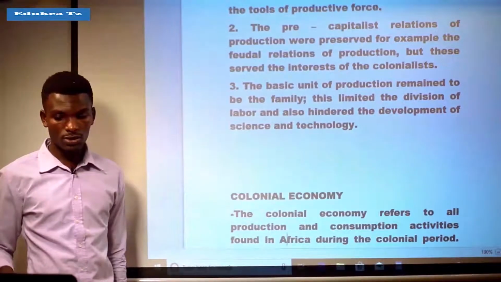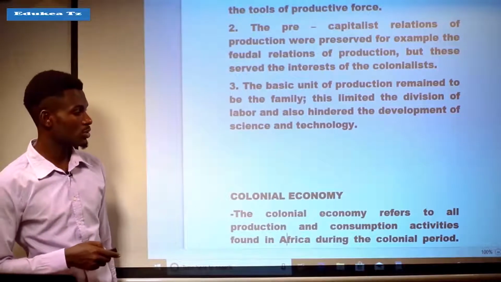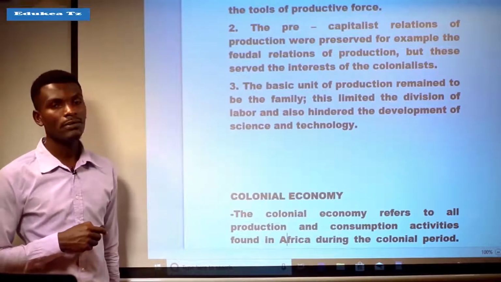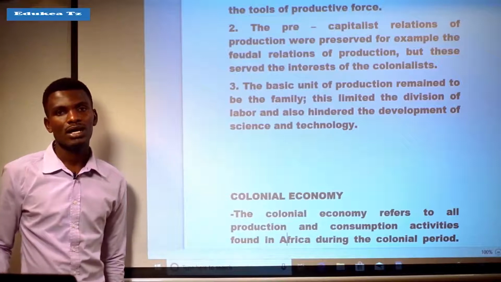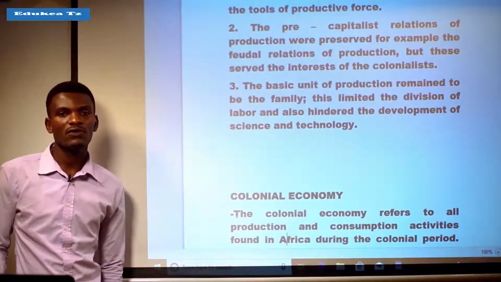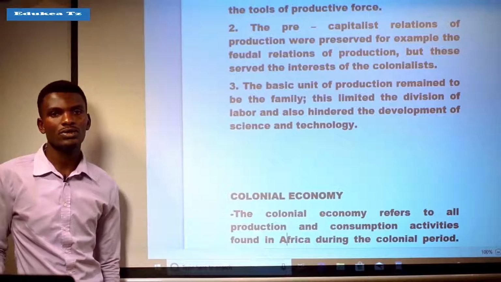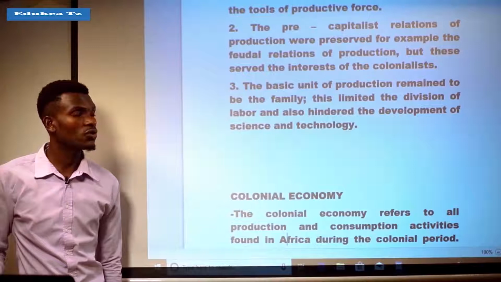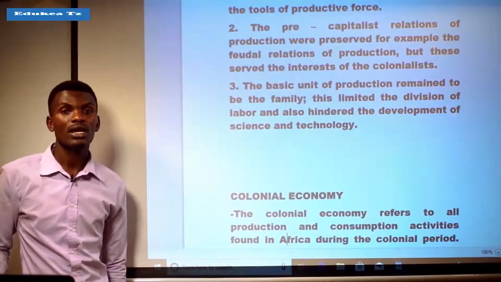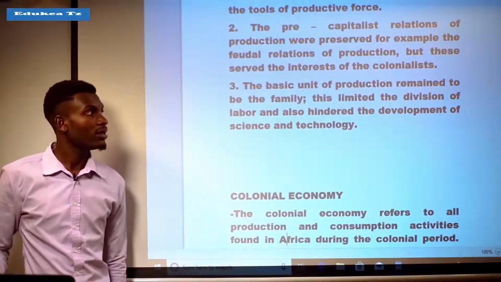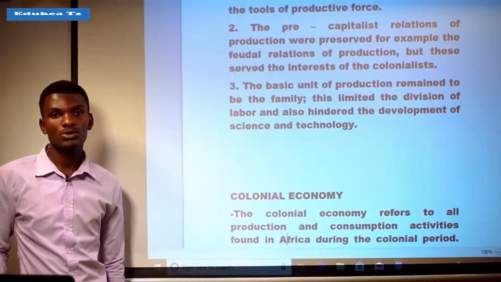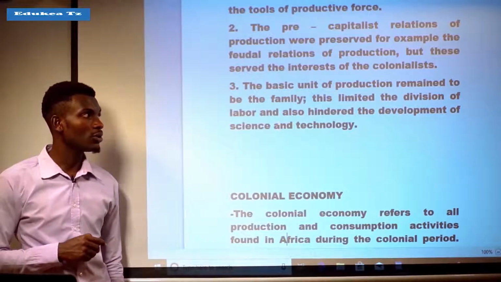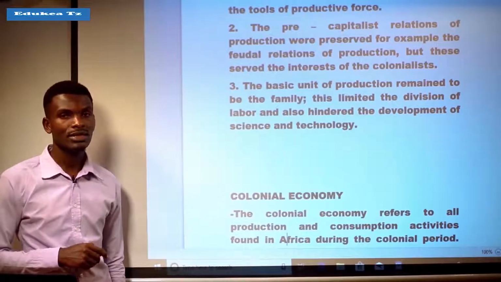Another way that was used under the preservation method was that the basic unit of production remained to be the family member. It means that as in previous times, before the coming of colonialists, pre-colonial African societies were using family members as the unit of production. So after the arrival of the Europeans, the family member remained to be the basic unit of production. And this limited the division of labor and also hindered the development of science and technology.